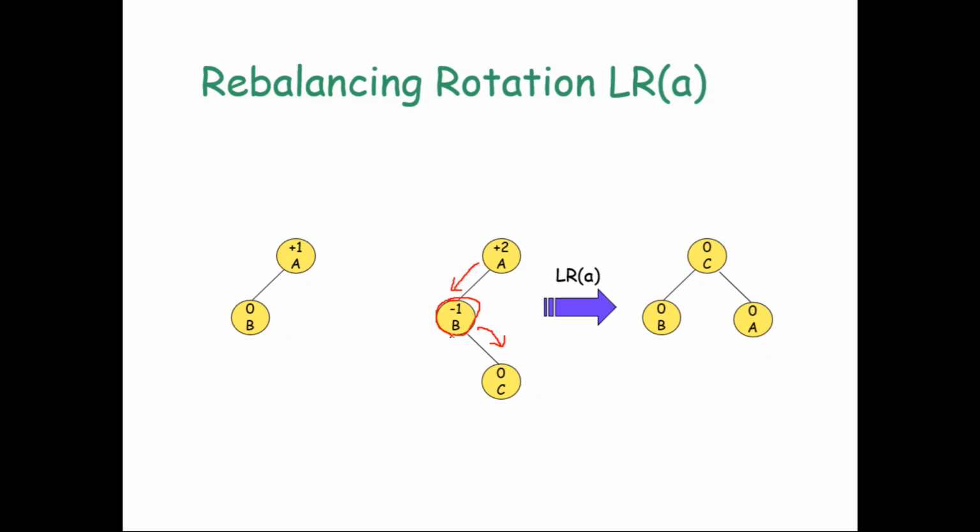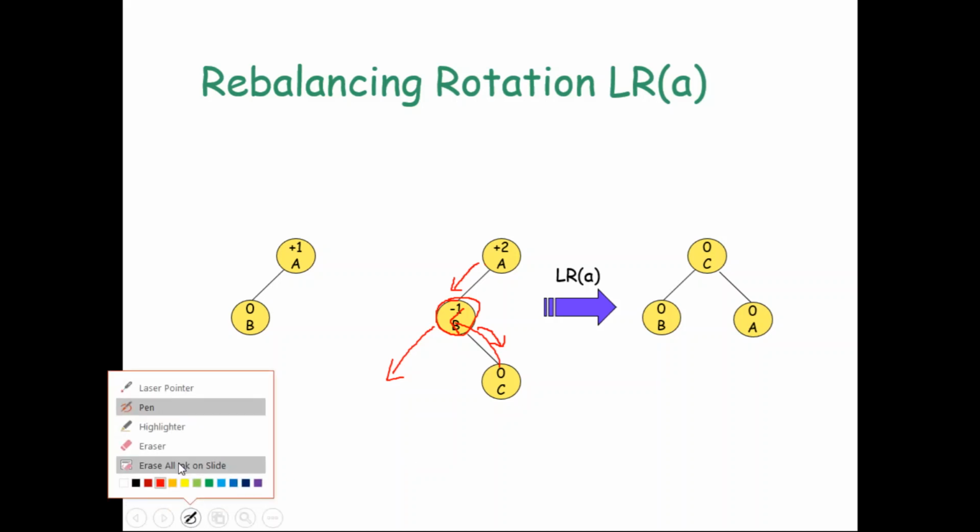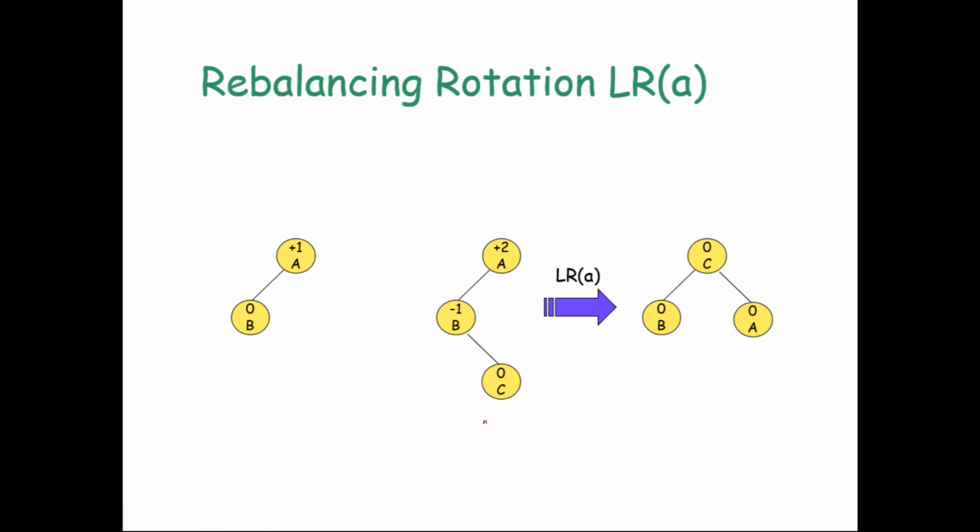When you perform the left rotation, B will come here, but C will go here. After performing the left rotation alone, the tree will be something like this. There is no change in A, A is as usual here, but C will come here.